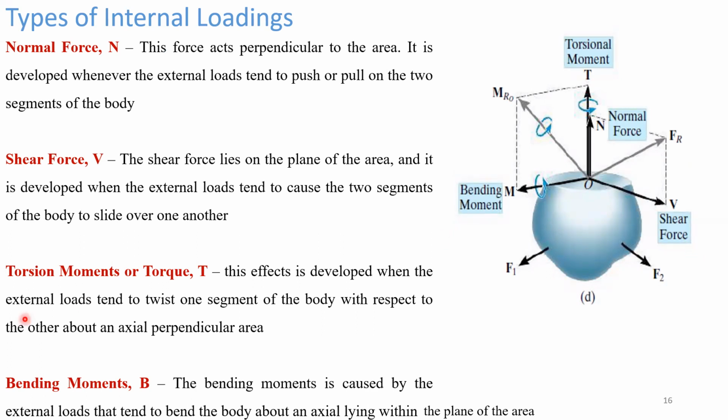Then torsion moments or torque. Sometimes the torsion moment, the torque, can be developed. This effect is developed when the external load tends to twist one segment of the body with respect to another about a perpendicular axis. Then the bending moment also.